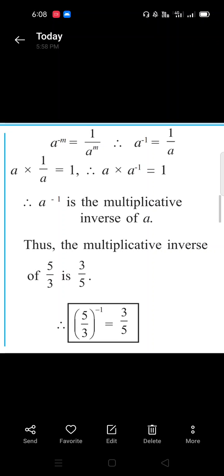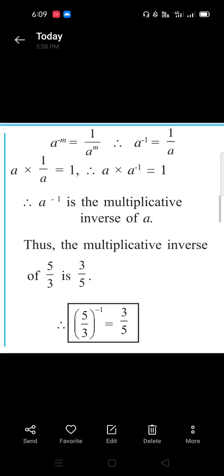How can we write the multiplicative inverse of 5 upon 3? The multiplicative inverse of 5 upon 3 is obviously 3 upon 5. And how can we write the multiplicative inverse in short form? Any number raised to minus 1 means finding the multiplicative inverse of the given number.